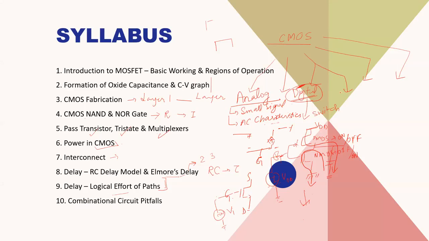From a fabrication perspective, yes, that's correct, but everything is fabrication, analog and digital. CMOS fabrication is almost the same once it is done, but how do you work? In what regions or ways are you working, we are trying to identify that. So one was power MOSFETs, which you would have studied, right?